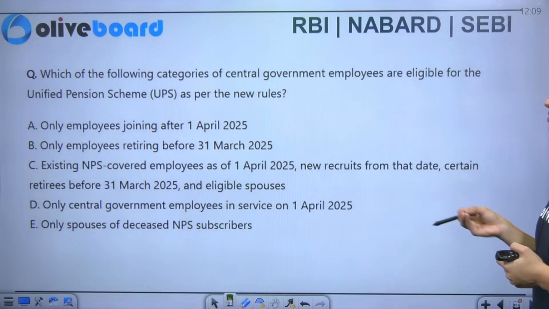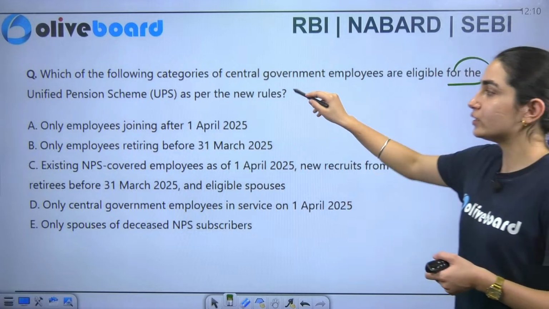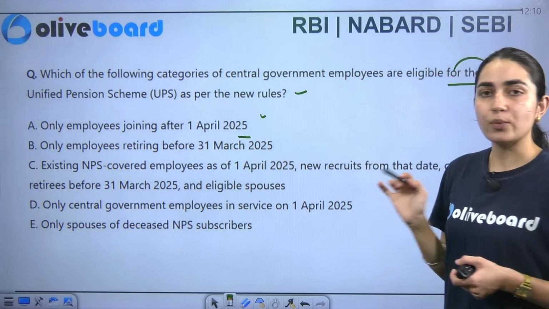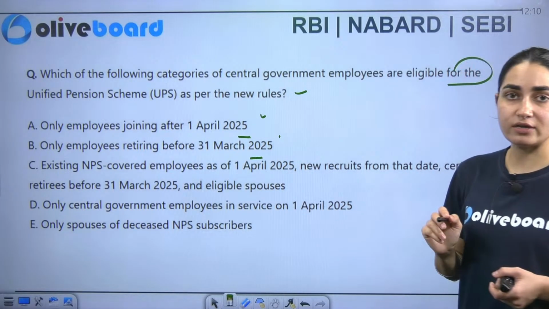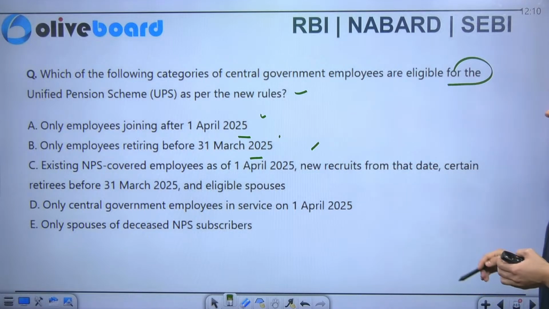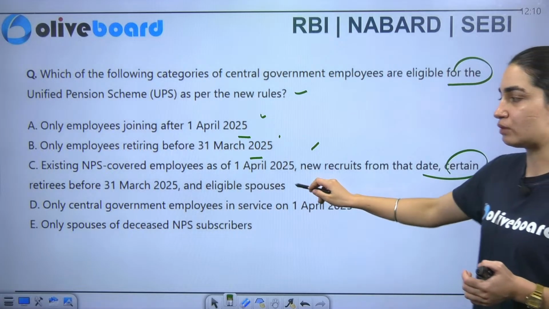Now you tell me which of the following categories of the central employees are eligible for UPS as per new rules? Only employees who have joined after 1st April 2025, only employees retiring before 1st April 2025, existing NPS covered employees as of April 1st, 2025, new recruits from that day, certain retirees before 31st March 2025 and eligible spouses.